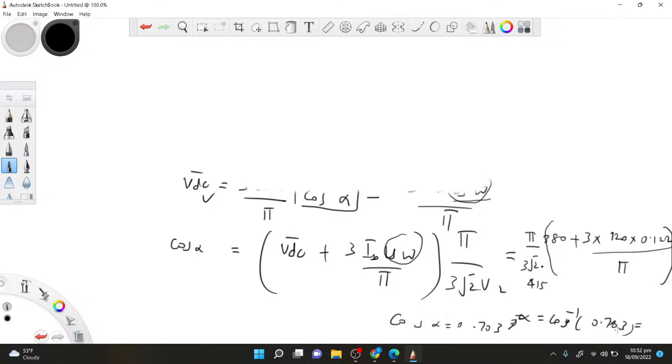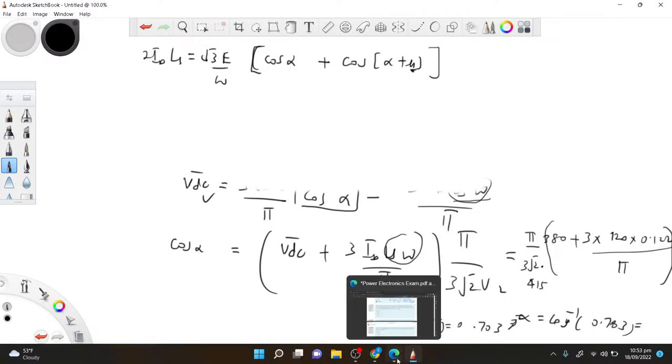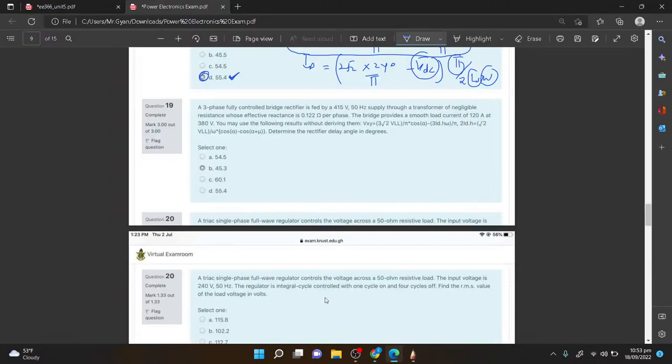Once I have alpha, I can use the fact that 2 ID Ls equals root 3 E over omega times cos alpha plus mu, where I'm supposed to find mu. The rectifier delay angle is the cos inverse of 0.703, and that gives 45.3.